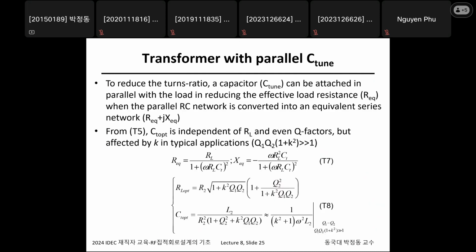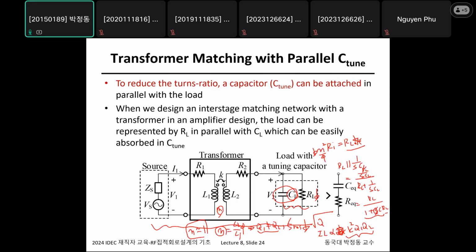So to reduce the turns ratio, you just add a capacitor, right? Then you can make this parallel network into a series network. So here, what is R equivalent? R equivalent is 1 plus Q square, inverted, times R parallel.